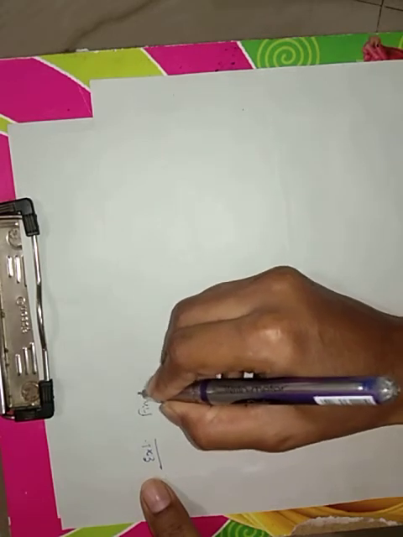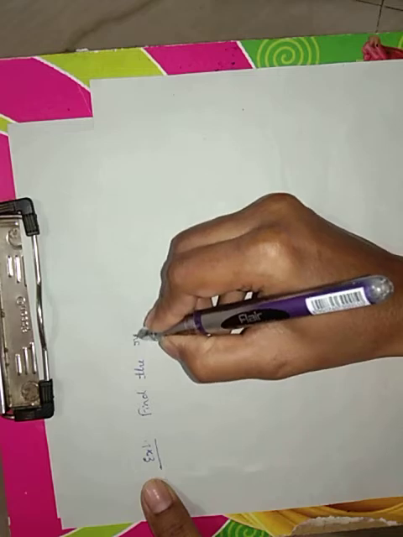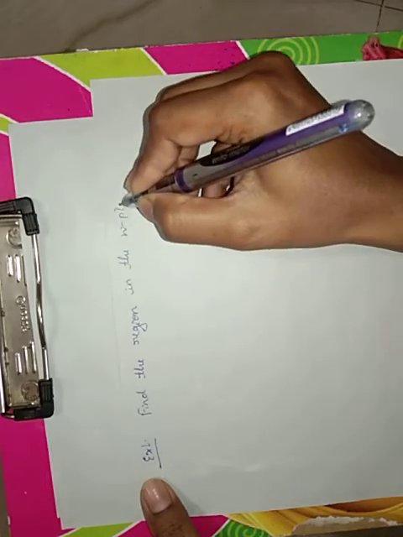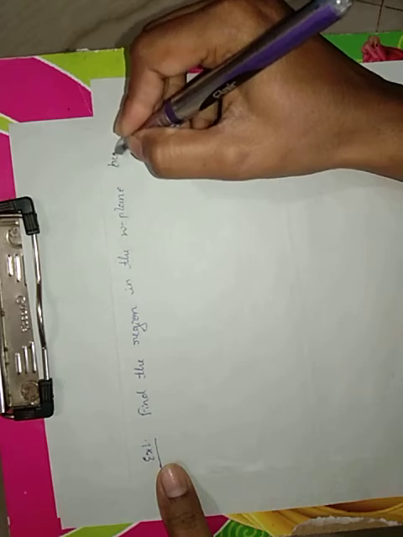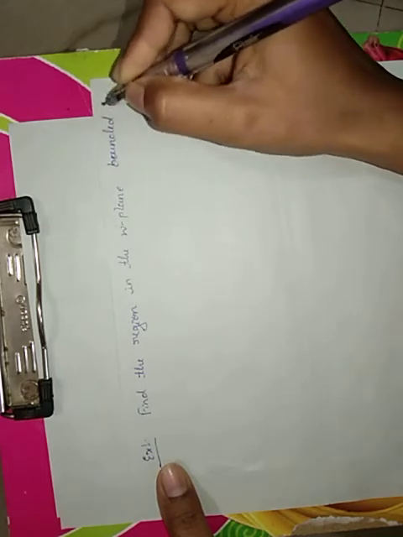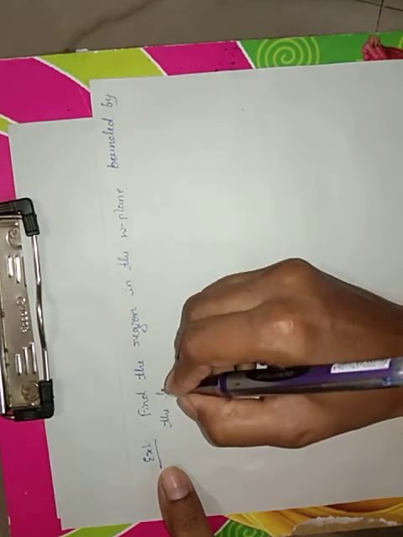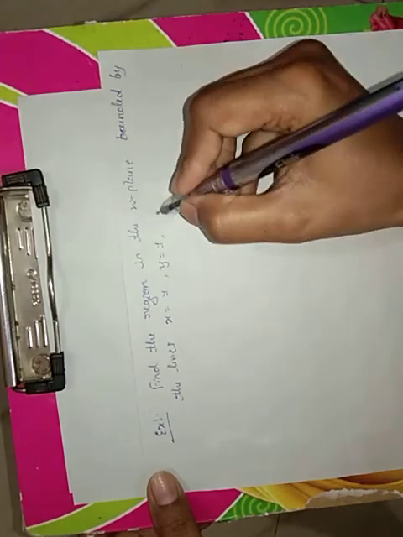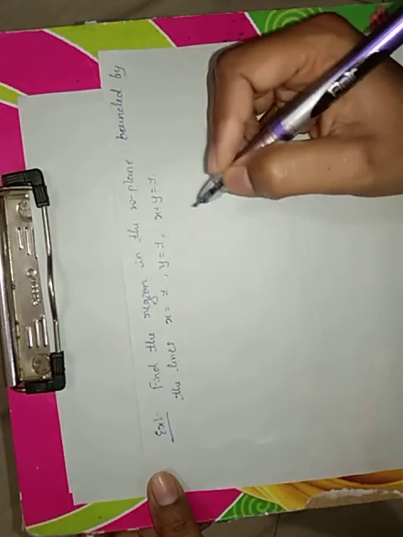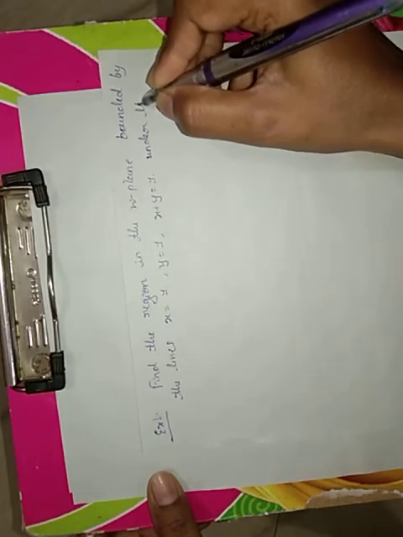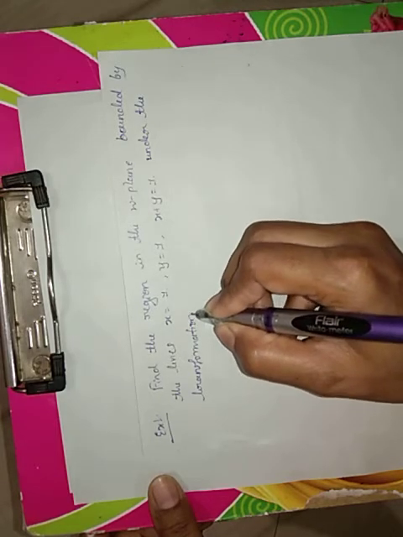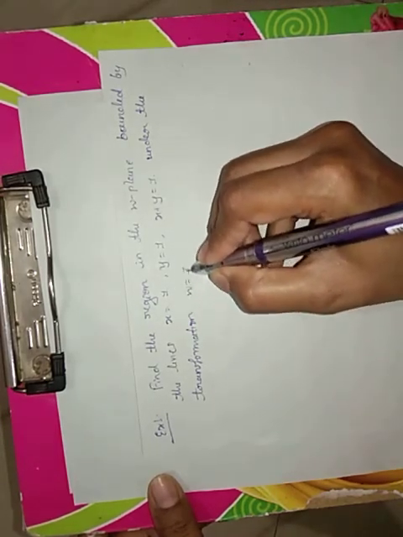Find the region in the W plane bounded by the lines x equal to 1, y equal to 1, x plus y equal to 1, under the transformation w equal to z square.